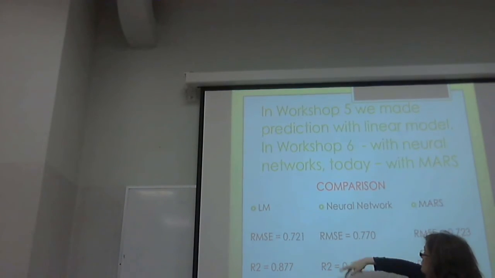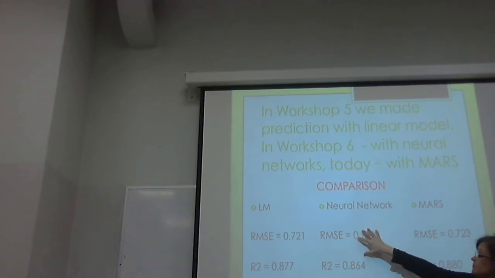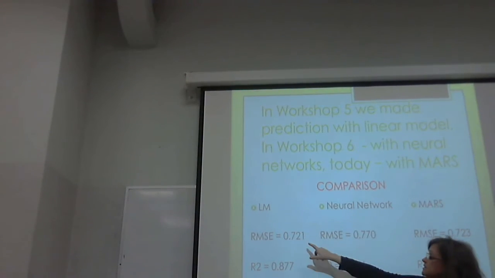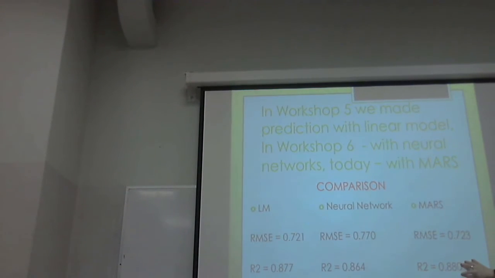Well, forget about the neural network, it is not really correct, because I ran it on a small number of iterations and nodes, but say RMSE here is 0.72, RMSE here is almost comparable. R-square is even slightly better than just the linear model. It's not better if you compare it to the elastic nets. Elastic net would be better, but still, it's comparable.